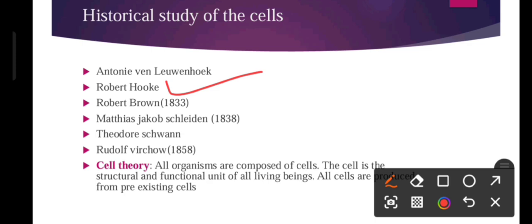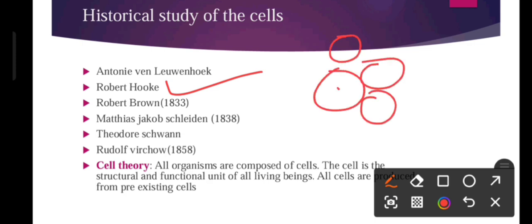In 1833, Robert Brown, a Scottish naturalist, noticed that each cell has a dark spot inside it, and he named it the nucleus.